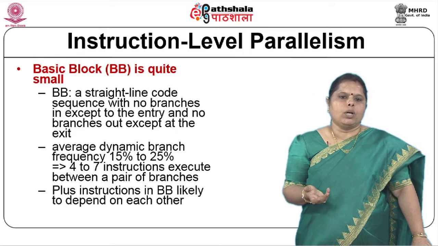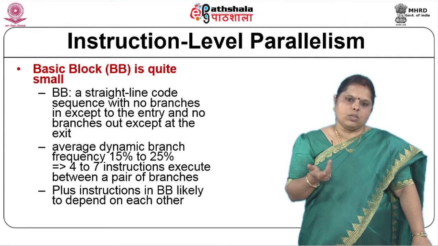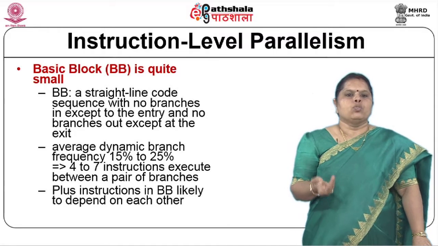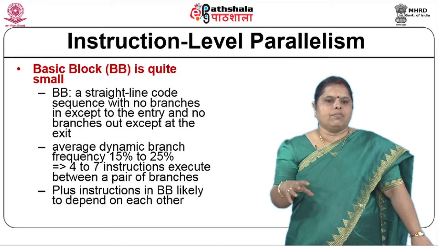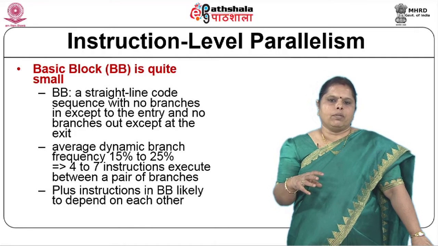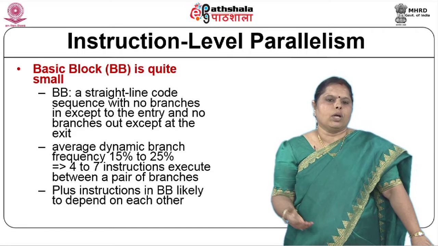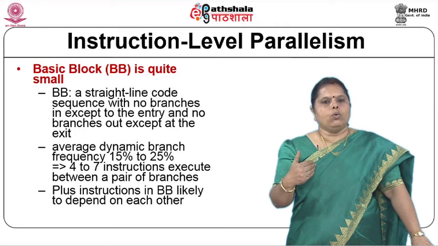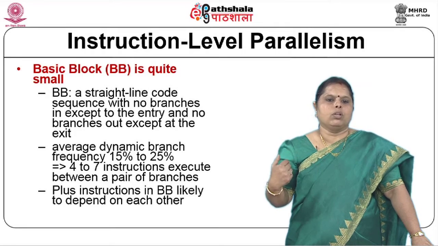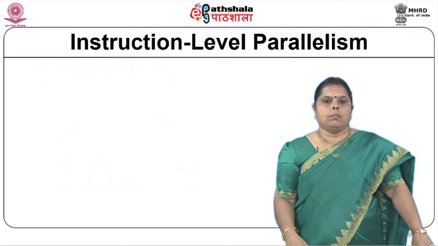You really won't benefit from exploiting instruction level parallelism because no parallelism exists. Branches are also very frequent: about 15 to 25% of your instructions are branches. So you can't look at only the basic block. You will have to look at instructions beyond the basic block and try to exploit parallelism among them.